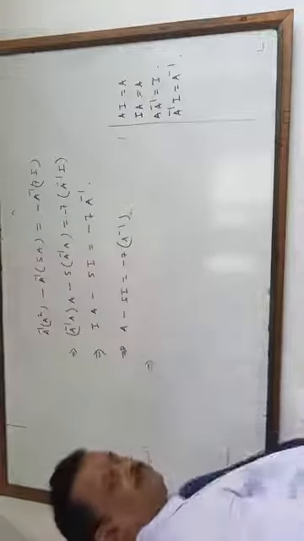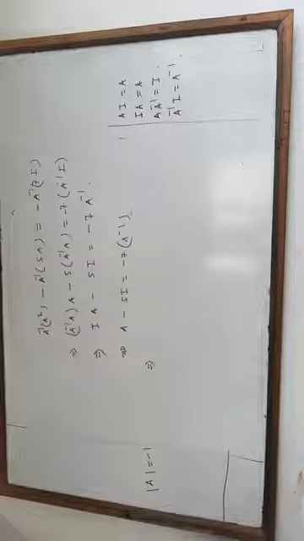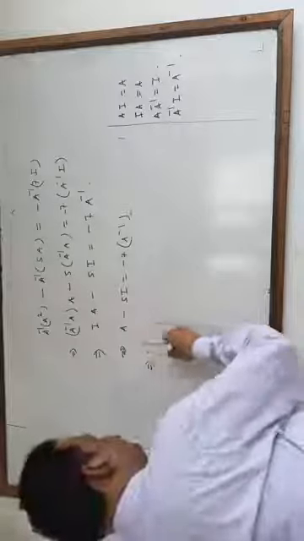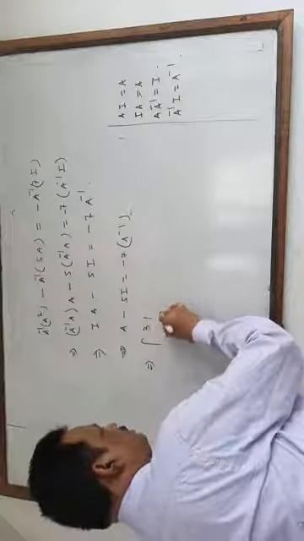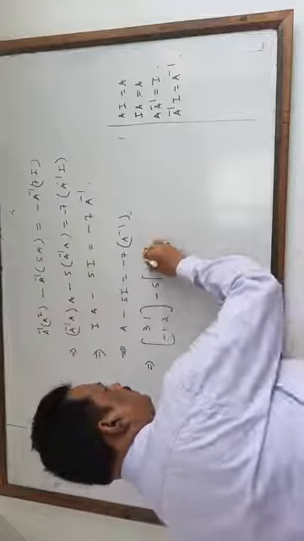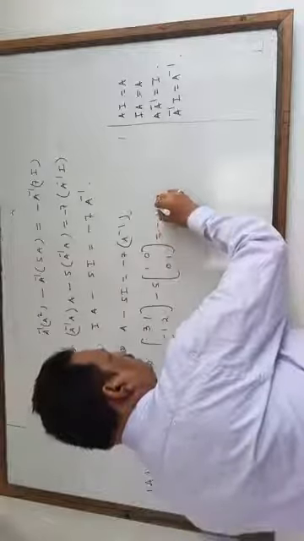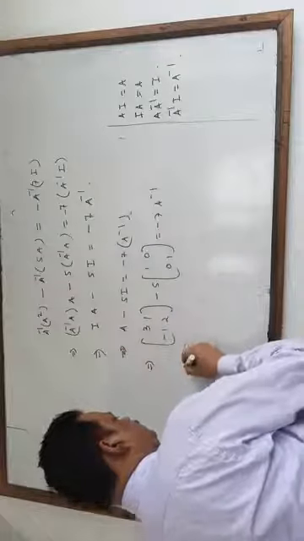Okay, let's put the value of A. What was the value of A for us? A was 3 1 minus 1 2. So 3 1 minus 1 2 minus 5 times 1 0 0 1 equals minus 7 A inverse.